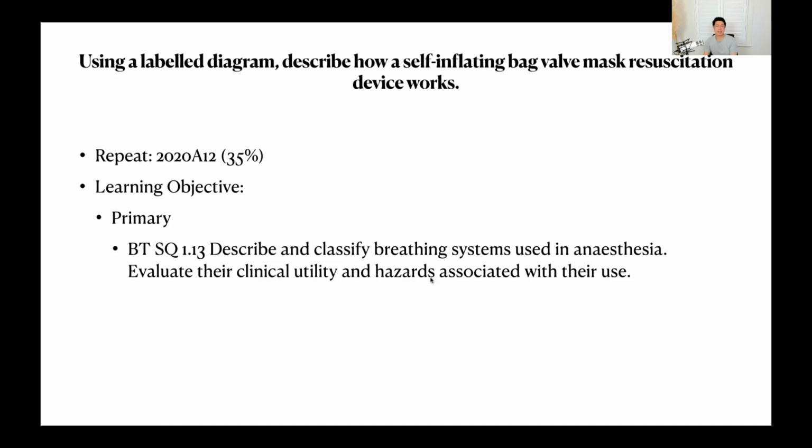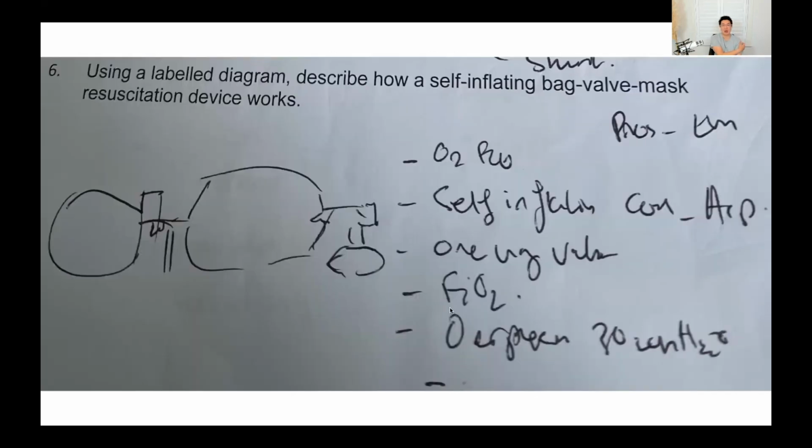And the learning objective is BTSQ 1.13, describe and classify breathing systems used in anesthesia, evaluate their clinical utility and hazards associated with their use. This is the 1 minute structure from the candidate. So we've got the reservoir bag, we've got the APL valve here, and after that, you've got the bag, which allows you to pressurize, and then this is the mask, and you can actually apply PEEP around this area here too.